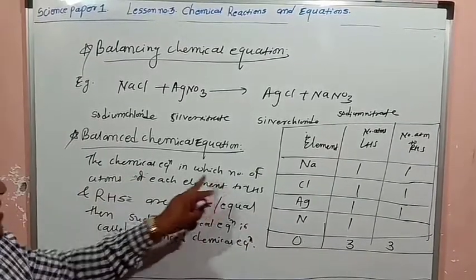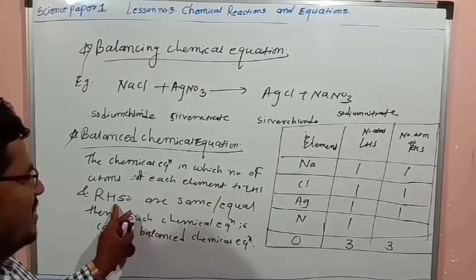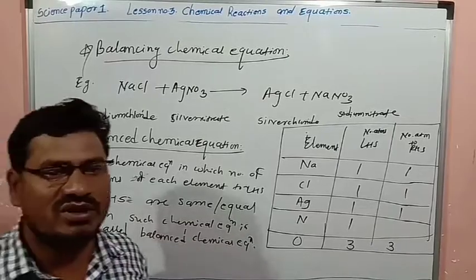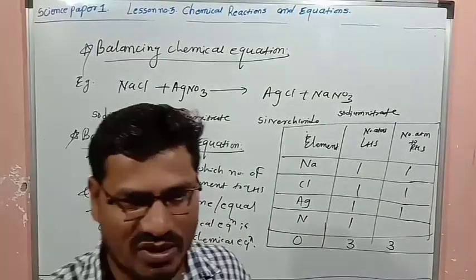The chemical equation in which number of atoms of each element to the LHS and to the RHS are same or equal, such chemical equation is called a balanced chemical equation.